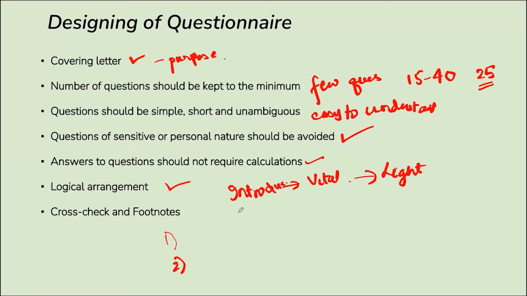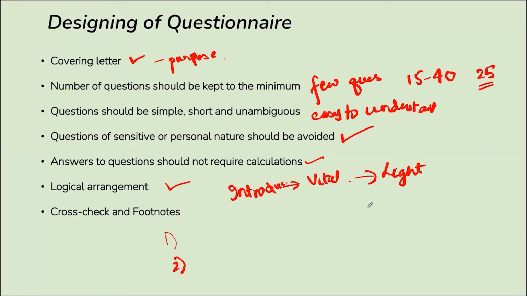There may be certain questions which may create a doubt in the mind of the respondent. In such cases, it is desirable to give footnotes. Footnotes are small notes at the end that clarify the question and all the doubts which may emerge from it.